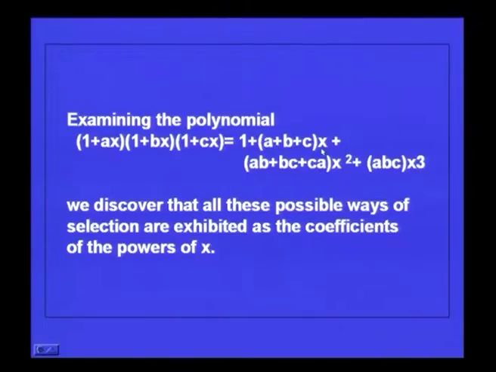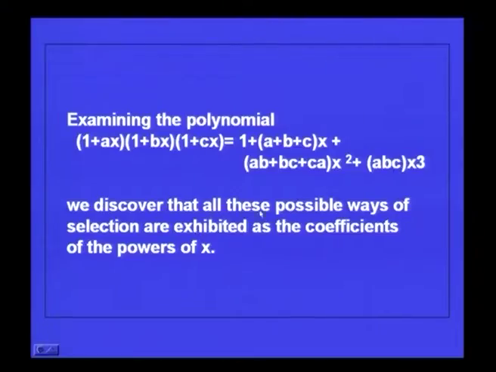Now, the coefficient of x to the power 1 represents the possible ways of choosing one object out of the three objects A, B, C. The coefficient of x squared is AB + BC + CA, and that represents the possible ways of choosing two objects out of the three objects, that is AB, BC or CA. The coefficient of x cubed represents the possible way of choosing all the three objects, that is ABC.